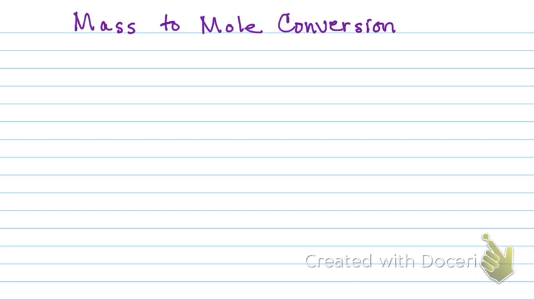So this is just the opposite of what we just did, okay? So let's say we have 25.5 grams of silver. And I want to know how many moles this is.